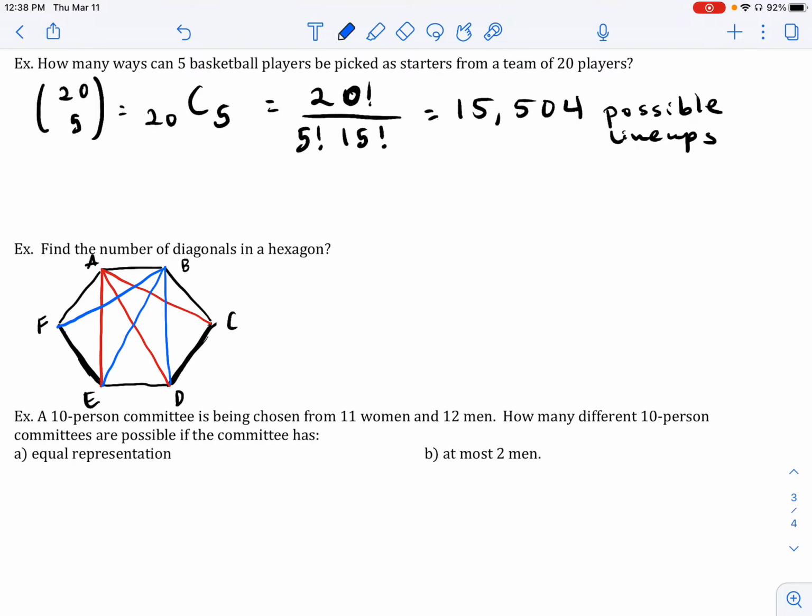And obviously, this is a problem that we could do by just drawing all the diagonals and just keeping track of them. Another way of thinking about this is to ask ourselves the question, how many pairs can be made from 6 vertices? And I'm sure you've seen versions of this problem in the past where if you had 6 people standing in a circle, for example, how many handshakes could there be between those 6 people?